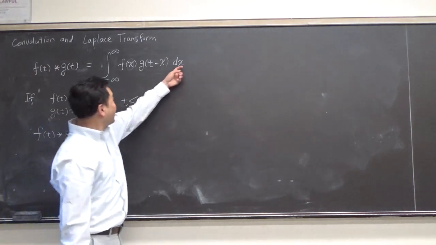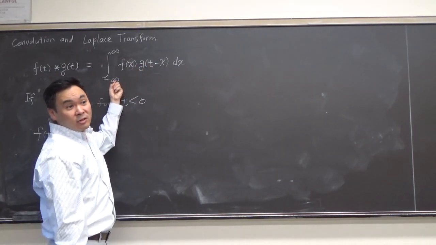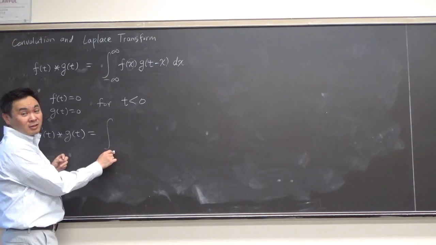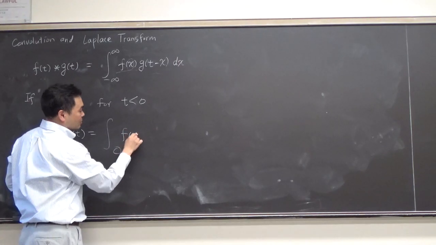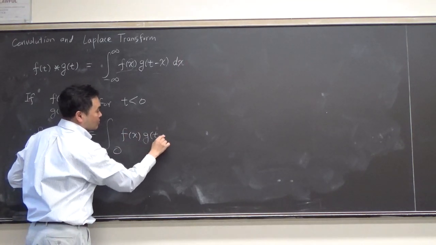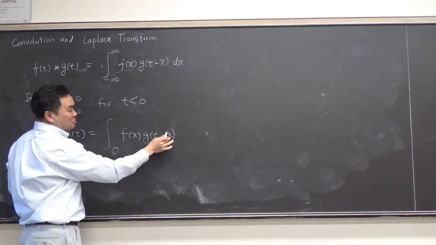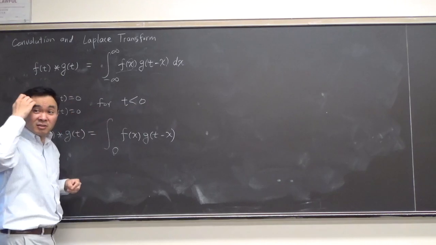First of all, when x becomes negative, it doesn't give you anything, right? So this negative infinity can be changed into 0, because of this part. But then here's another problem. If x becomes bigger than t, what happens?